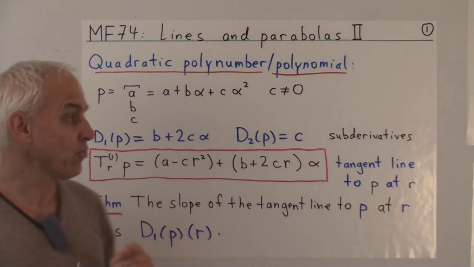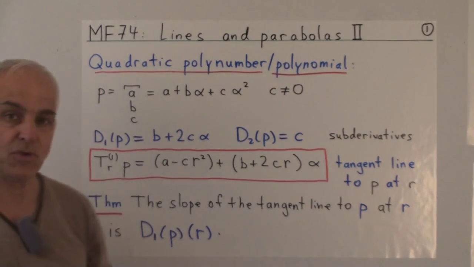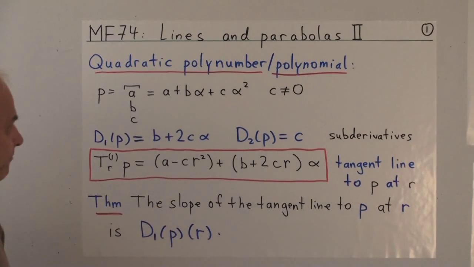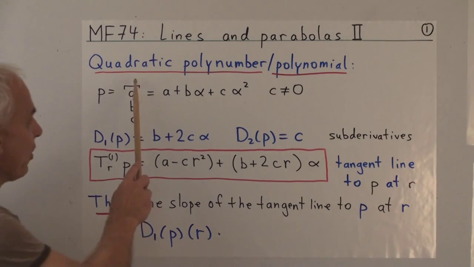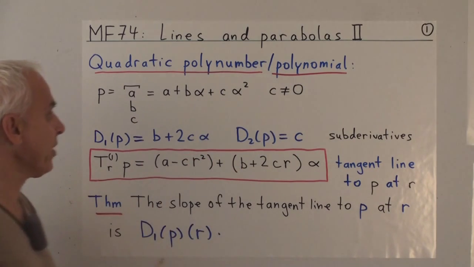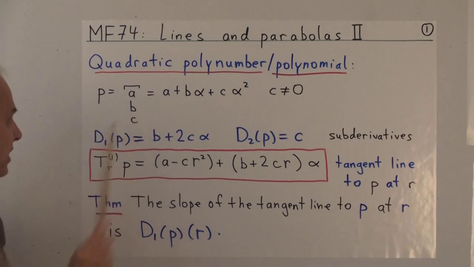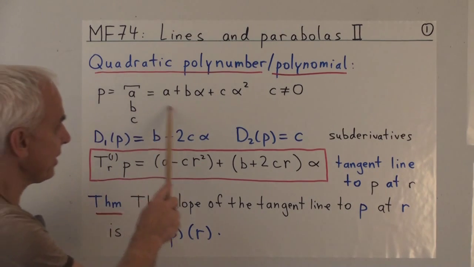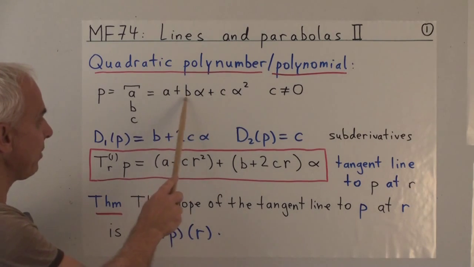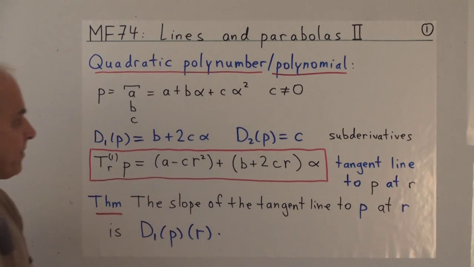So let's summarize what we accomplished in the last few slides of the last video. We're talking about a quadratic polynumber or polynomial. There it is, p equals just a list of numbers a, b, and c, or in standard alpha form, a plus b alpha plus c alpha squared.